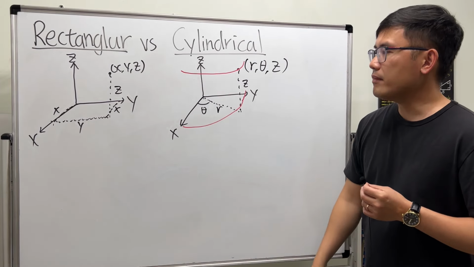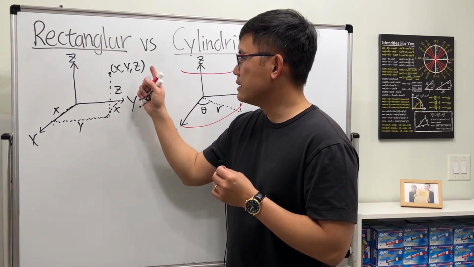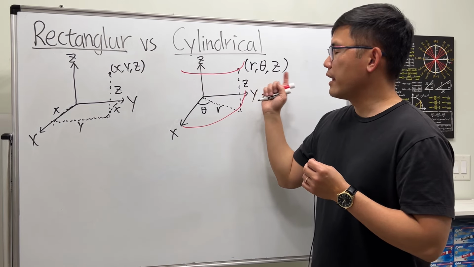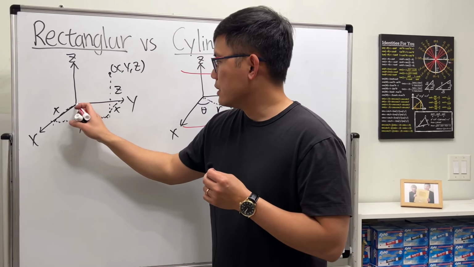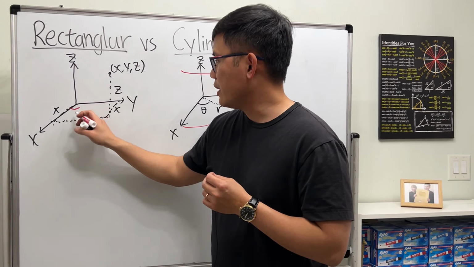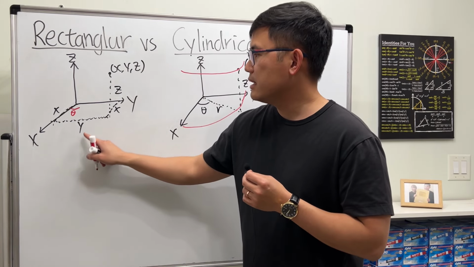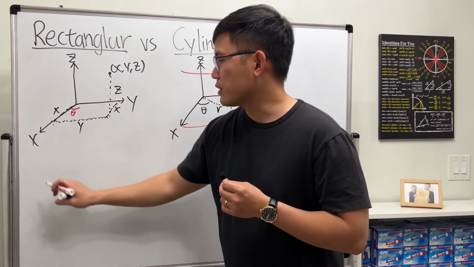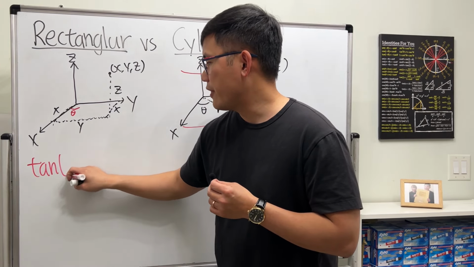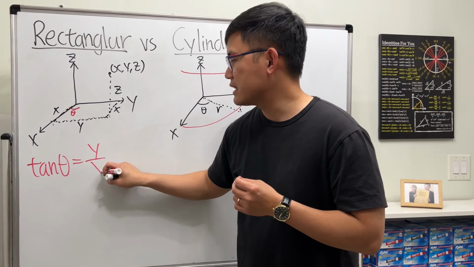Anyway though, given x, y, z, how can we get to r, theta, z? First, we have to talk about the angle from here to here. That is angle theta. We have the opposite and also the adjacent. So that's just tangent. Tangent theta equals y over x.